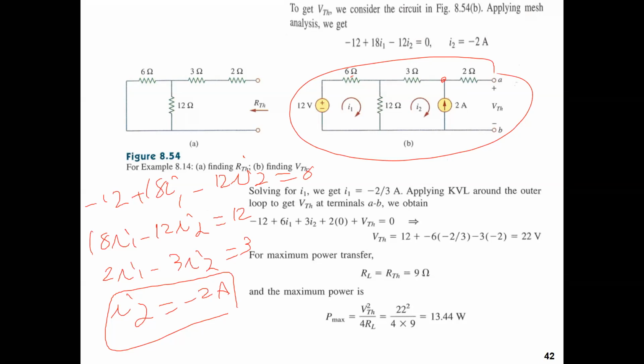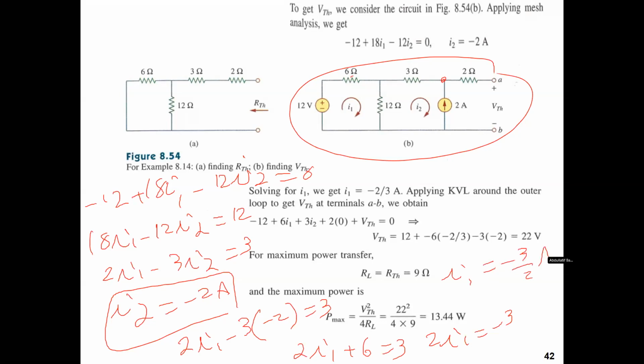Plugging in I2, it would be 2 I1 minus 3 times minus 2 equal to 3, and that leads to 2 I1 plus 6 equal to 3. So 2 I1 equal to minus 3, so I1 equals minus 3 over 2 amps, which is the same answer as here. Okay, good.